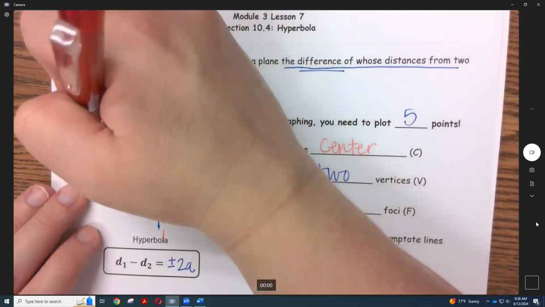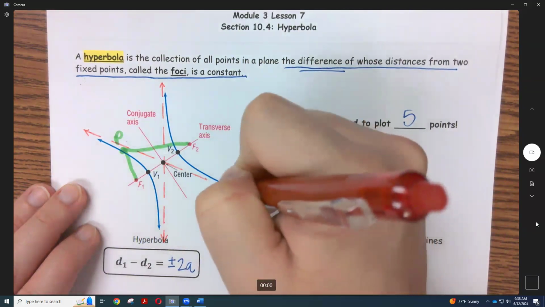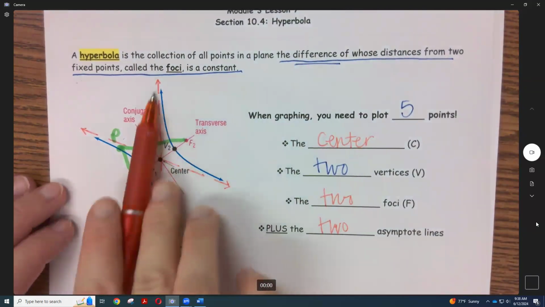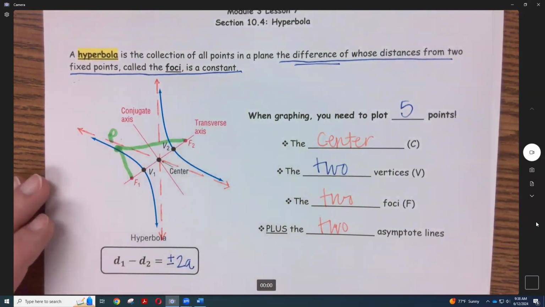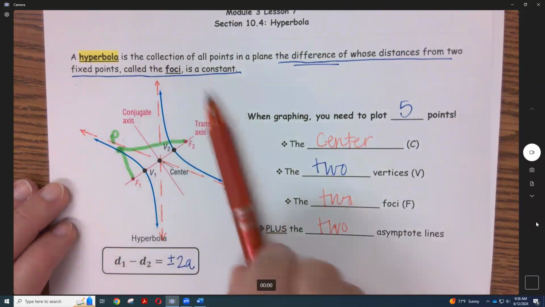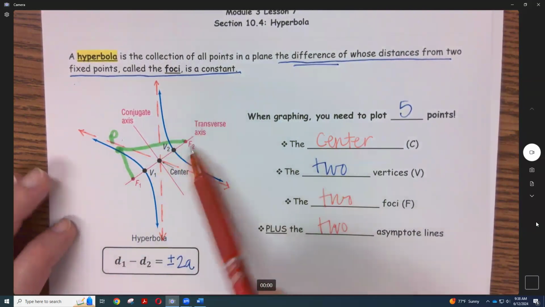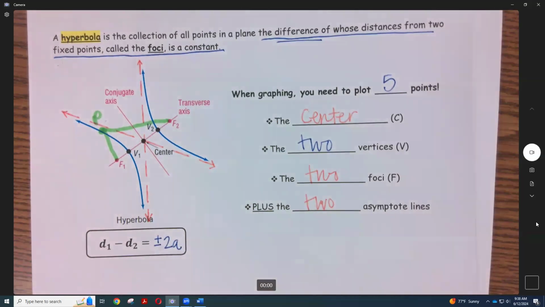We're going to have 2 asymptote lines going through. And this is what's going to guide the shape of my graph and tell me how wide these 2 hyperbolas are. Or if this line was more this way, then we'd have a not as wide, but a more narrow hyperbola. So we need 5 points plus the 2 asymptote lines.